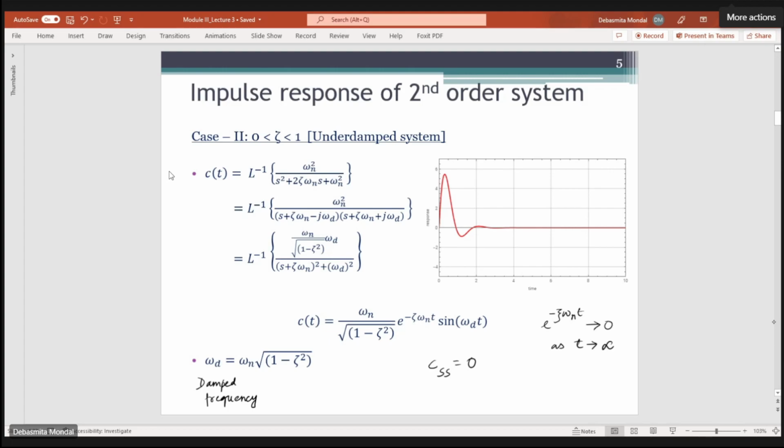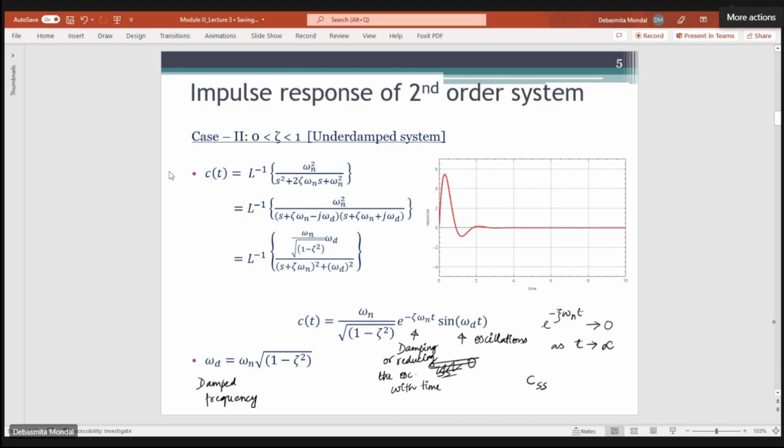So this sine omega d t term will correspond to some oscillations in the system, and this e to the power minus zeta omega n t will result in a damping, or reducing the oscillations with time.